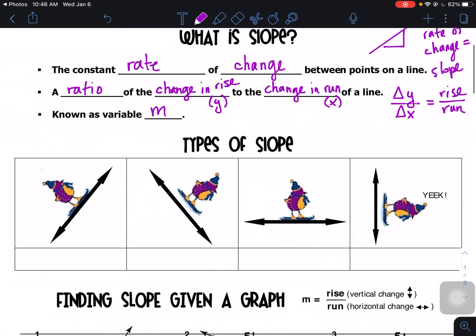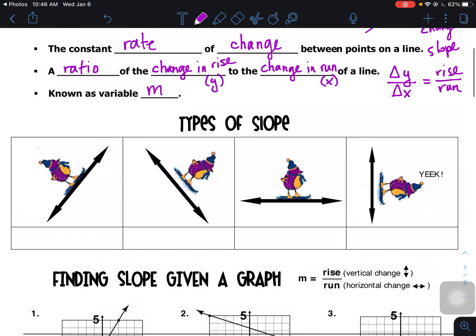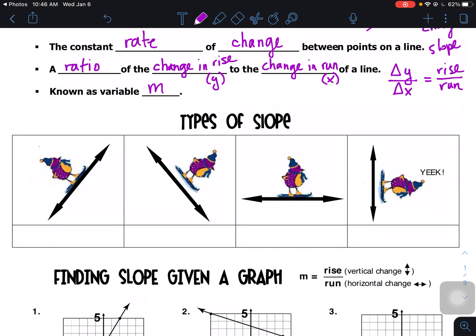So let's take a look at types of slope. This first slope here, this slope dude is going uphill. Remember, he would say puff, puff, positive. This is positive slope going up.